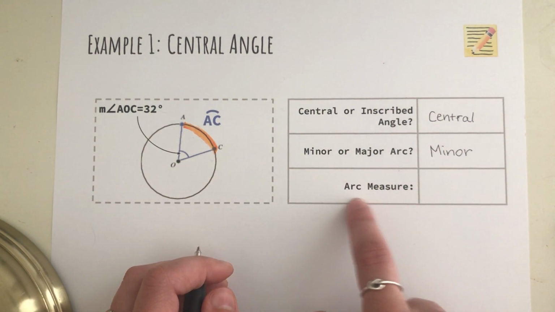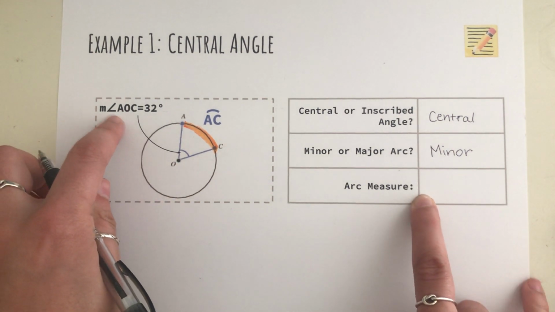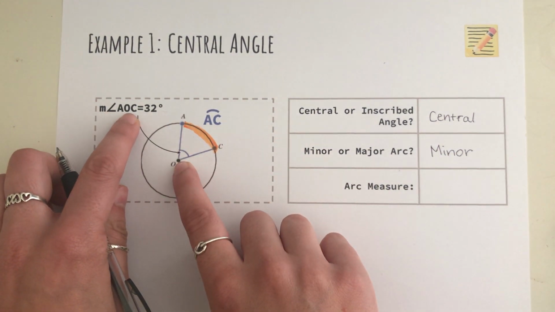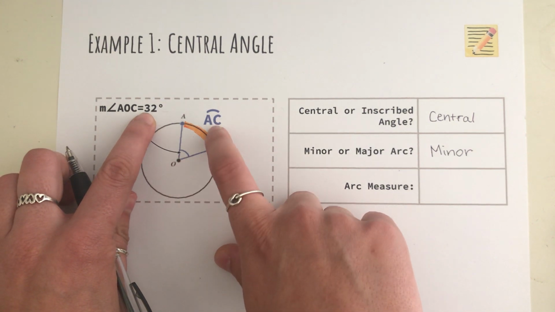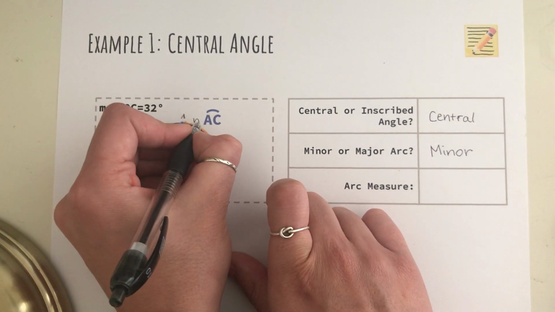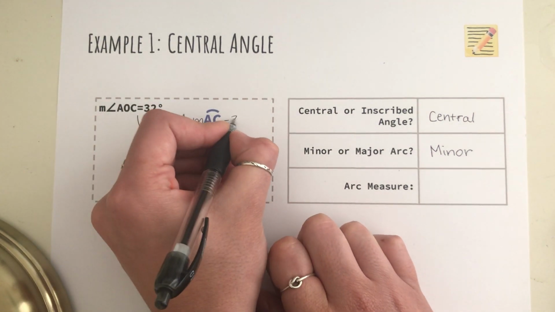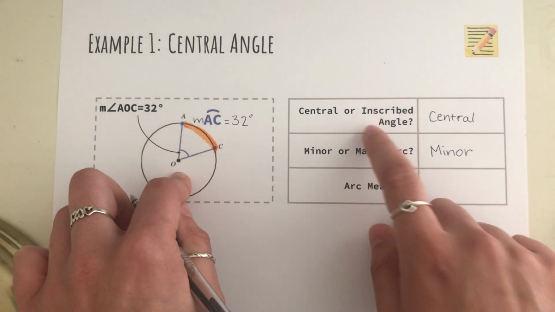Now, your last question will be to find the arc measure. And because the measure of angle AOC is 32 degrees, the measure of arc AC is going to also be equal to 32 degrees. So they're the same because they are central angles.